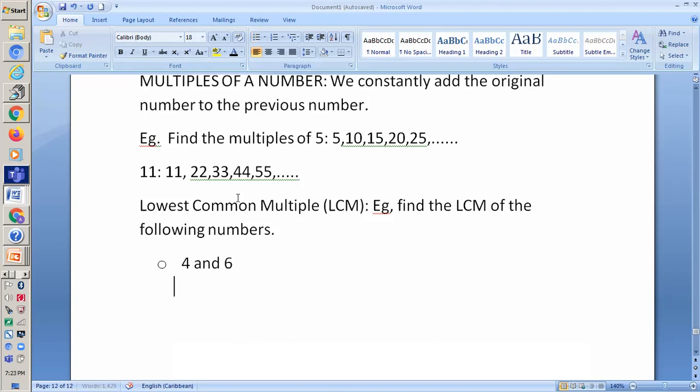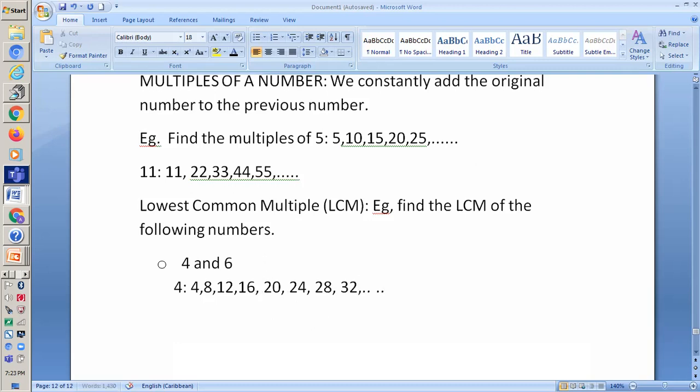To find the LCM, what you do is you find the multiples of 4. What are the multiples of 4? 4, 8, 12, 16, 20, 24, 28, then 32.